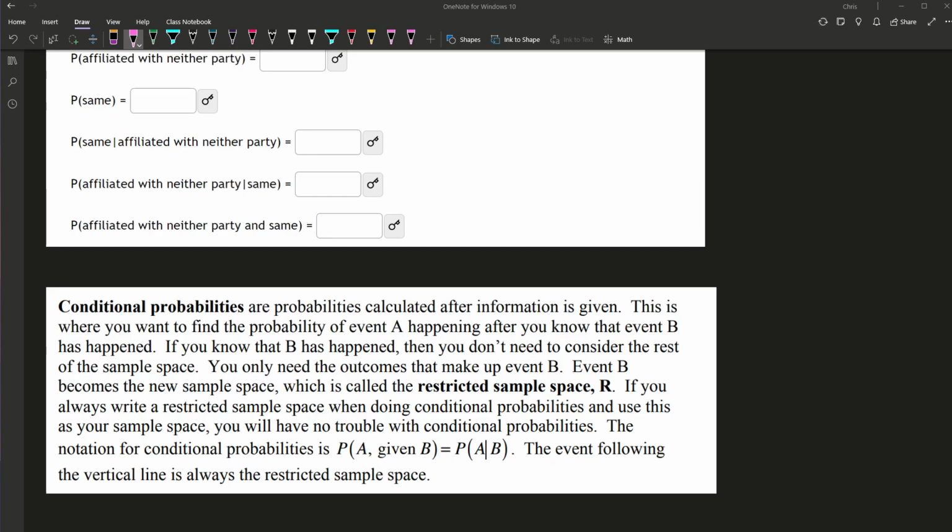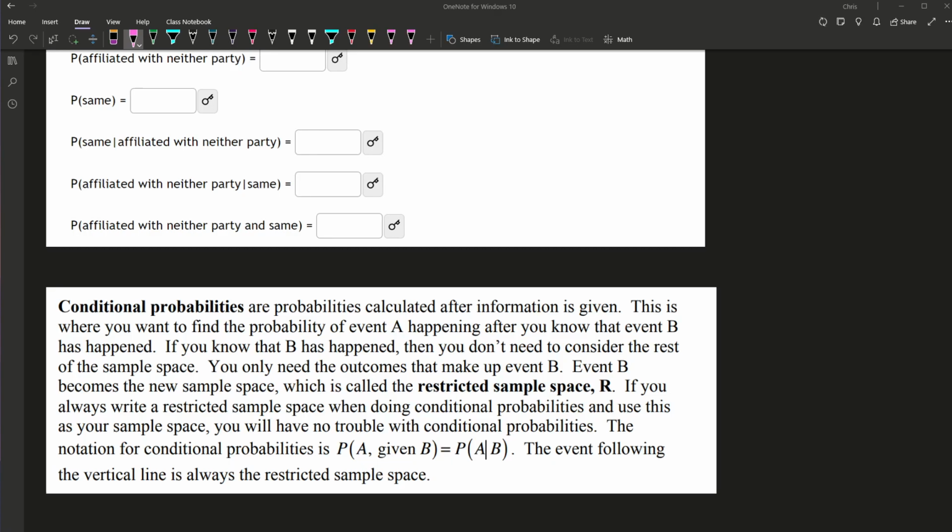If we know that event B has happened, then you don't have to consider the rest of the sample space. You only need the outcomes that make up event B. Event B now becomes your new sample space, which is called the restricted sample space R.